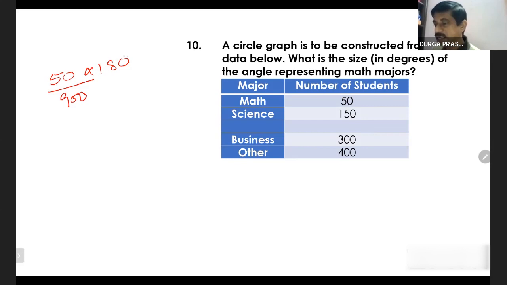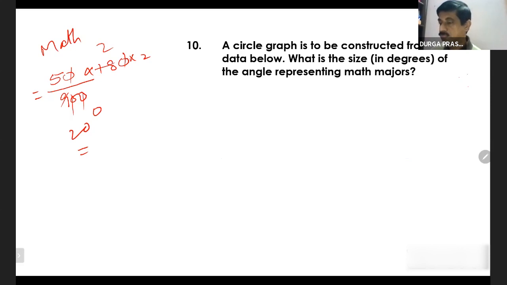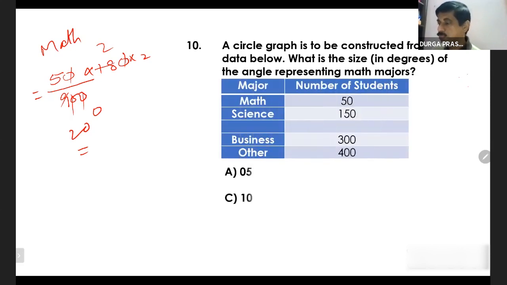In a circle, the angle is 360. So let us take it as into 2. So zeros get cancelled. So 9 cancels 2 times. So this is 5 into 2, 10 degrees. Option is D.